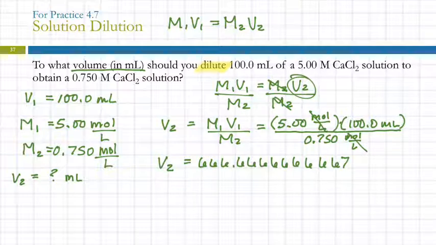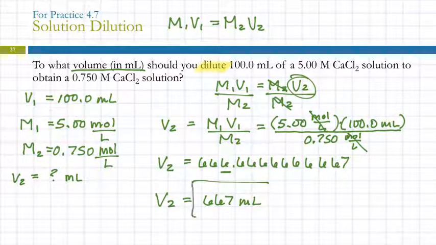How many significant figures should that result have? 3. My molarities both had 3 significant figures. This volume had 4 significant figures. But we're going with the smallest. So we're going to round this to 3 significant figures. And so I'm going to say that the volume 2 is equal to 667 milliliters. Any questions?